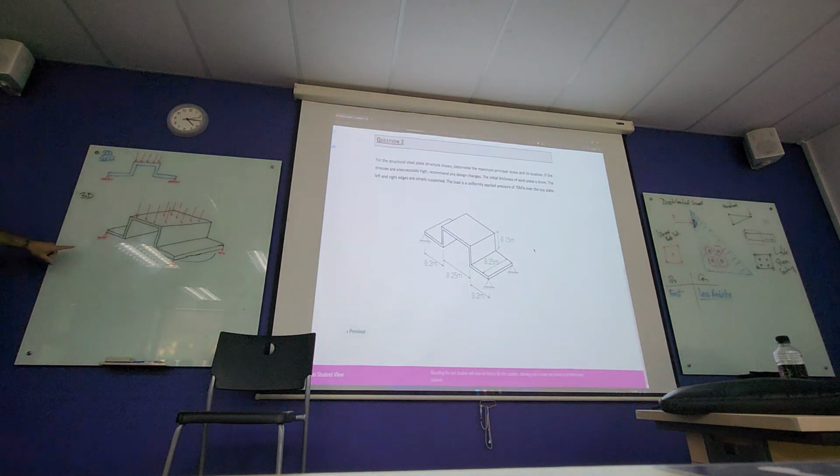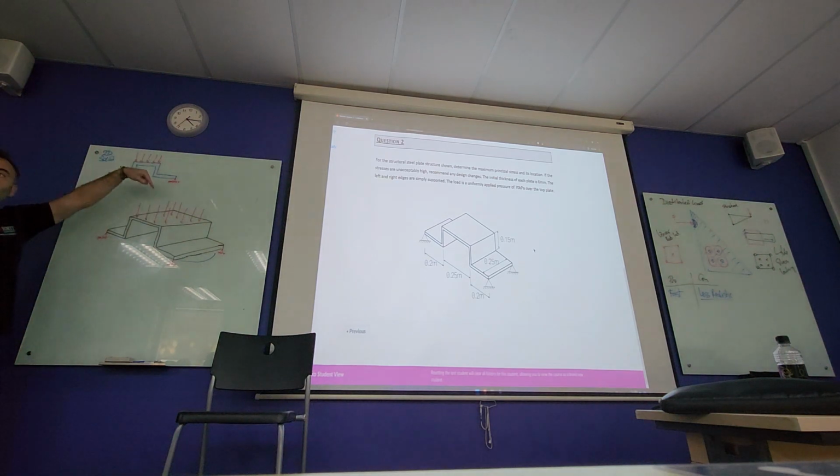So it has to be 3D. Next question: is it going to be 3D solid or 3D shell? 3D shell. Why? Because it's got one dimension much smaller than the other two, and the loads are perpendicular to it.